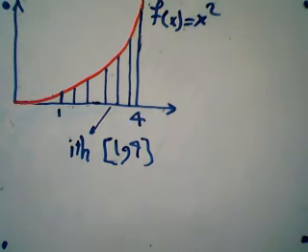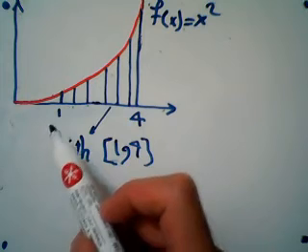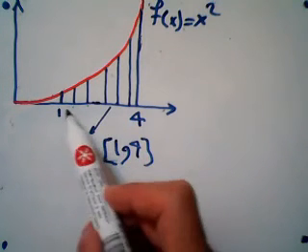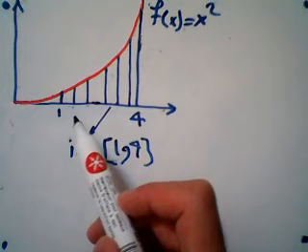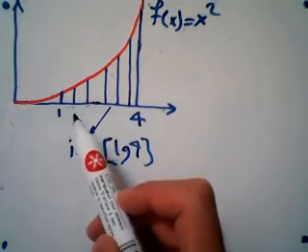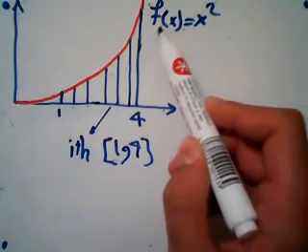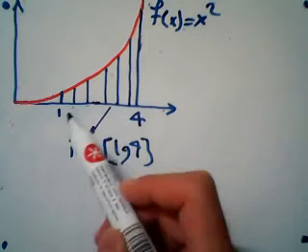Now each subinterval got some minimum and maximum points on the parabola, for the f of x equals x squared function.